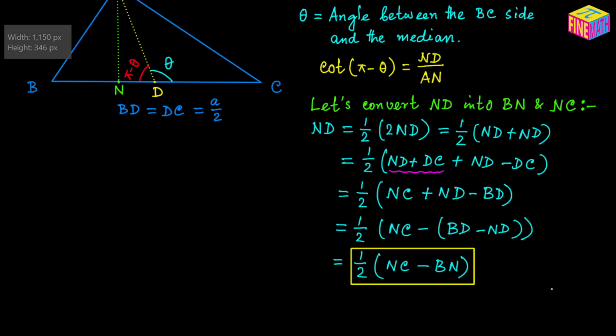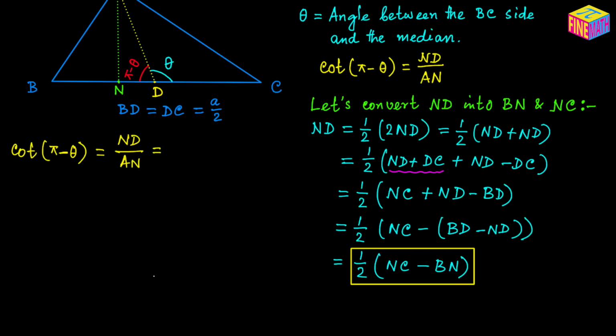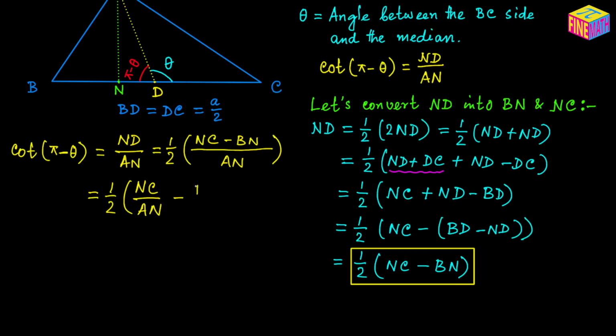So now we have found a value for ND, represented in terms of NC and BN. Now let's use this value in the cotangent ratio. What was cotangent of pi minus theta? That was ND over AN. So can we write it as half times NC minus BN, all over AN. Now we can write it as half times NC over AN minus BN over AN.